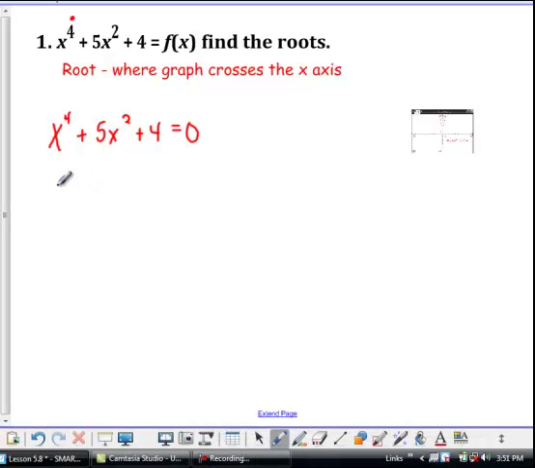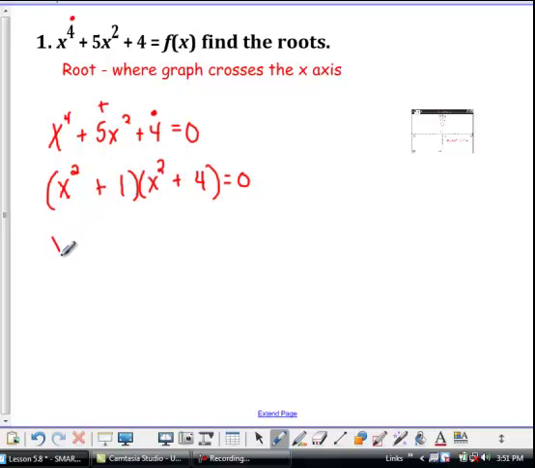All right, so this is going to be factored. Okay, x to the fourth. I'm going to try x squared and x squared. How am I going to get a 4? Two things that multiply to a 4 but add up to a 5. Well, that's easy. That's 4 and 1. And it's going to be plus.